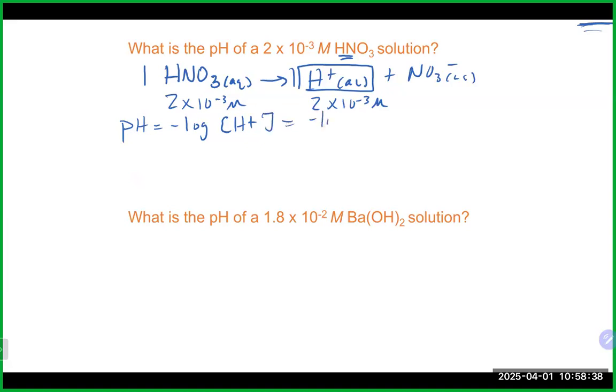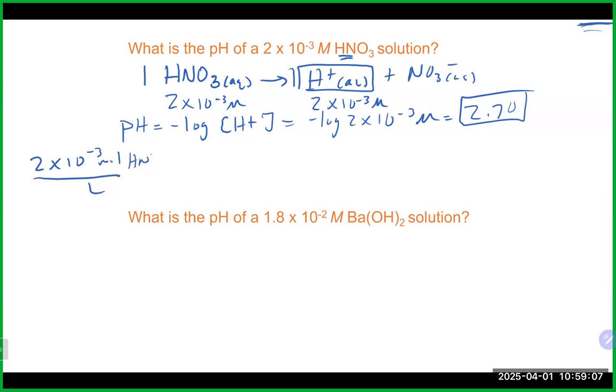And that gets you minus the log of 2 times 10 to the minus 3 molar. And that's going to get us here, looks like a 2.70 here, which is an acidic pH. A reminder, if you're not sure why that is in terms of the concentration, when we look at 2 times 10 to the minus 3 moles per liter of nitric acid, we're really just doing a little stoichiometry here.